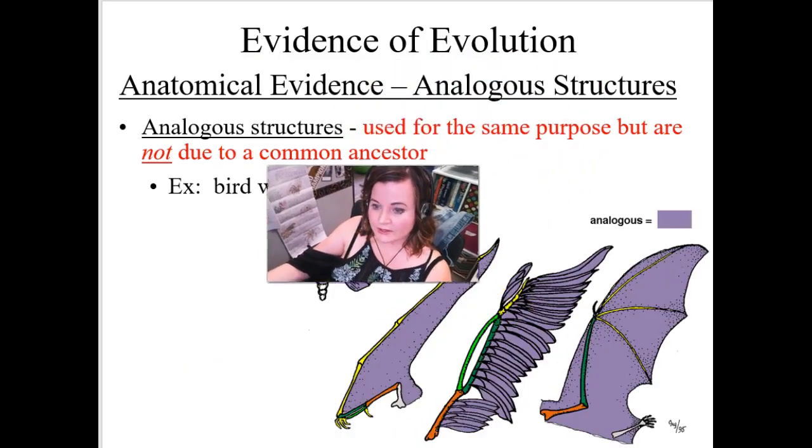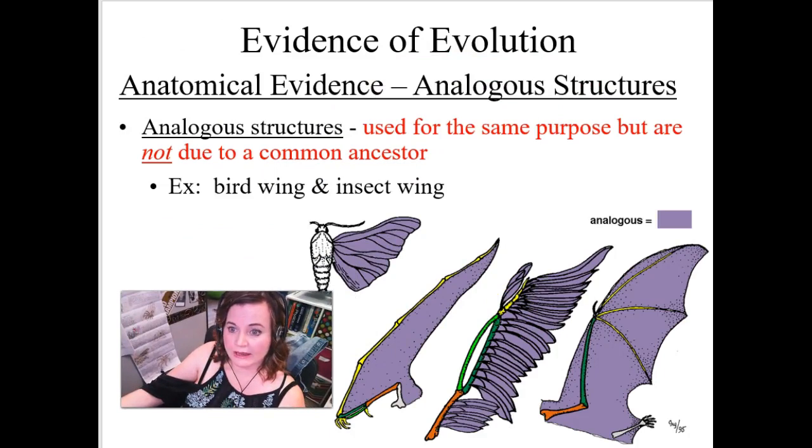On the other hand, we also have something called analogous structures. Now, analogous structures are structures that have a similar purpose, but not similar bone structures or similar structure to them. What this means is that it's not due to a common ancestor.